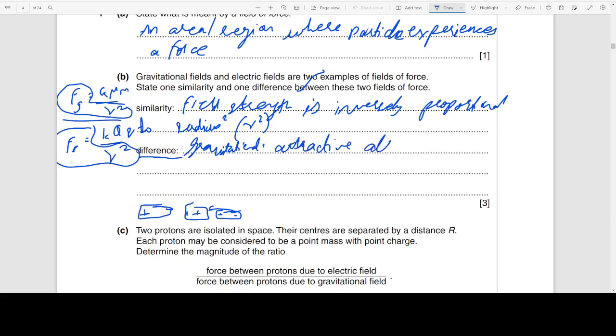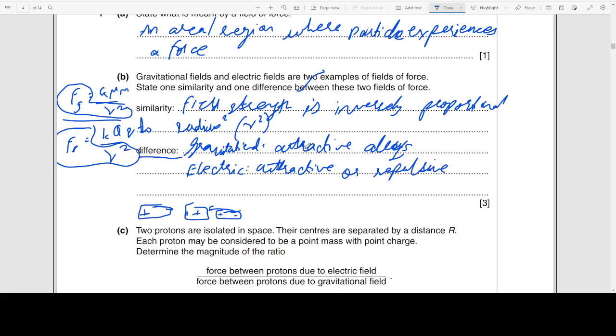Sorry for the spelling, I'm just kind of rushing with the paper. But electric fields, on the other hand, can be both attractive or repulsive. Right, guys? I hope you understand this much.